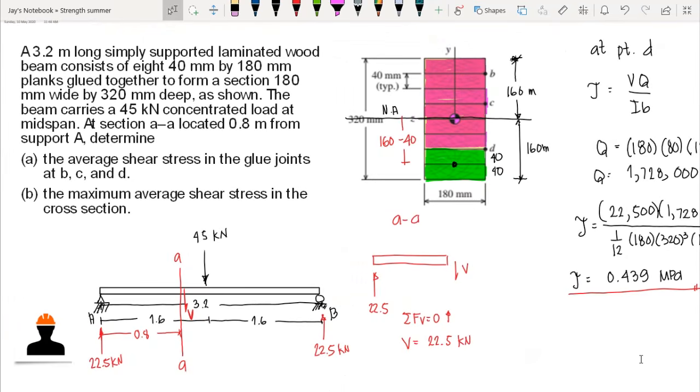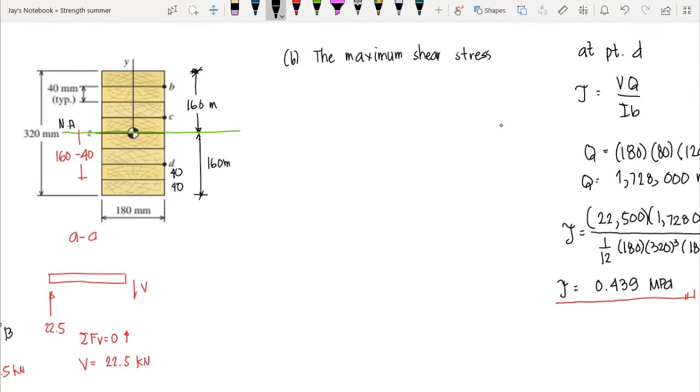Then question letter B asks us to compute for the maximum average shear stress in the cross section. Again, the maximum average shear stress occurs on the neutral axis. So we still have the formula that is VQ over IB. Our Q here, since we are looking for the stress at this point, the neutral axis, our shear area is this one, in which our area is 160 times the width, that is 180.